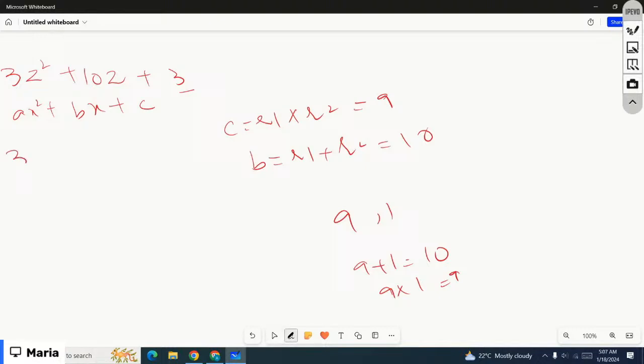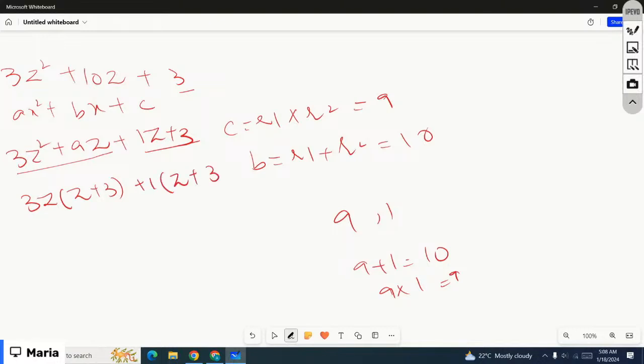So it is 3z square plus 9z plus 1z plus 3, right? From here I'm going to take common 3z, you are left with z plus 3. From here you can take common 1 and you are left with z plus 3.